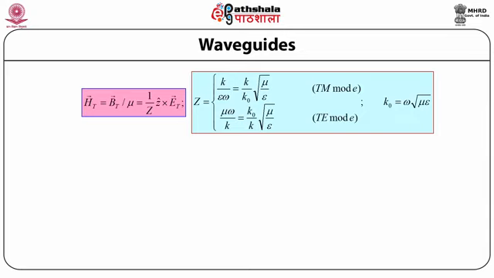Here again k naught is equal to omega times under root of mu epsilon.